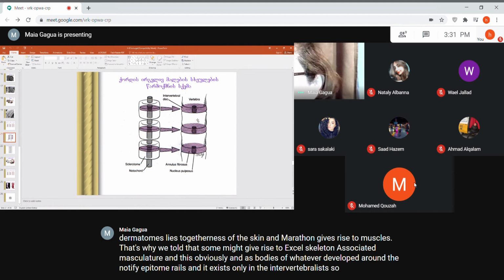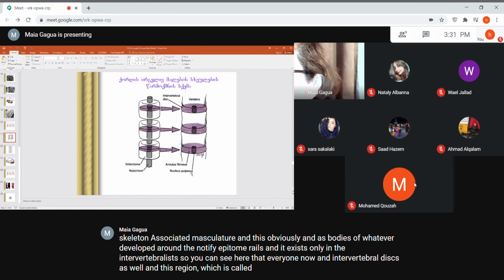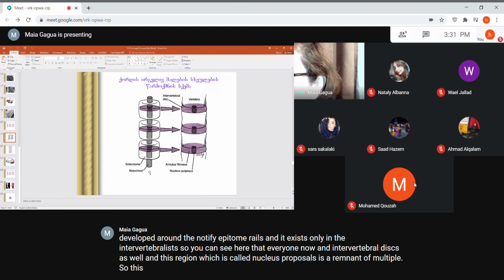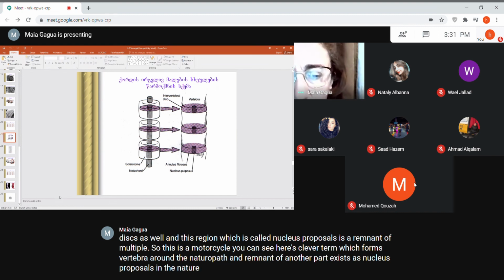So you can see here vertebra now, and intervertebral discs as well. And this region, which is called nucleus pulposus, is a remnant of notochord. You can see here sclerotome, which forms vertebra around the notochord, and remnant of notochord exists as nucleus pulposus in the intervertebral discs.